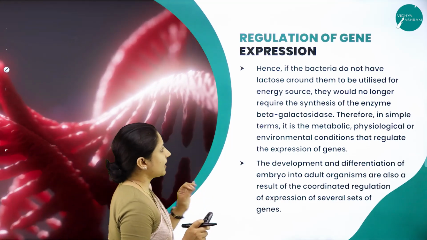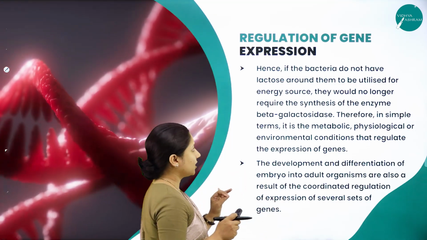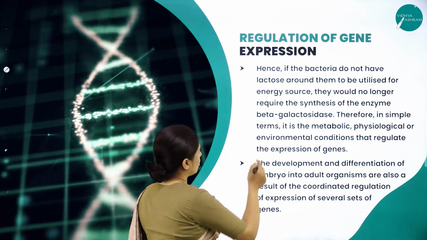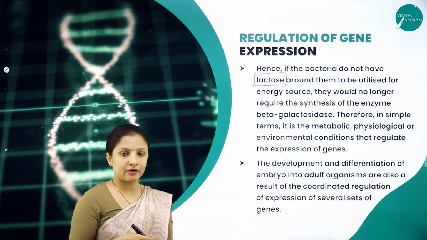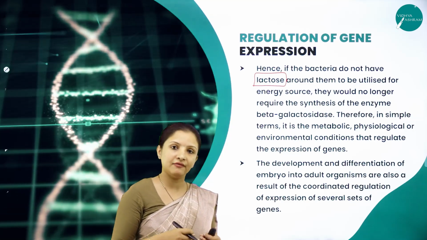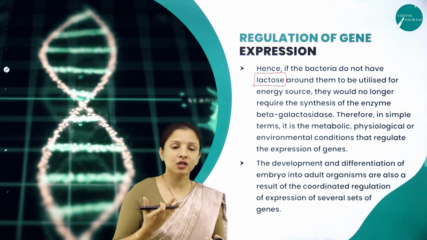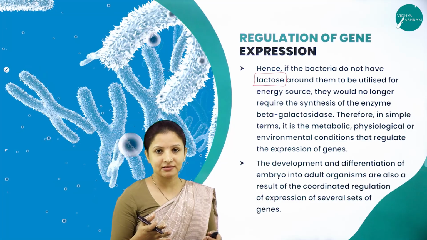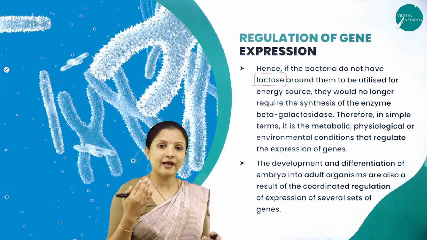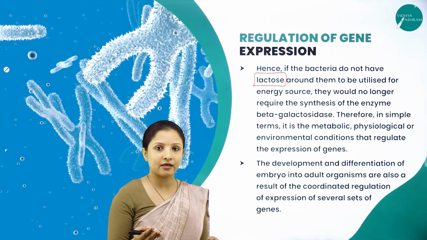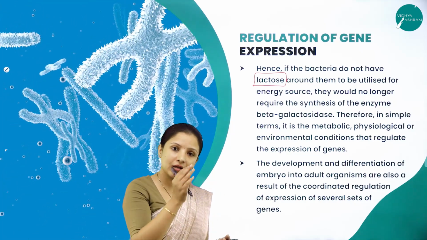Now, say that particular bacteria, E. coli, doesn't have lactose in it. If it doesn't have lactose, then where will it get energy from? Of course, you can say it gets energy from glucose and galactose. But where do the bacteria get glucose and galactose from? It is from lactose. So, the bacteria needs lactose.